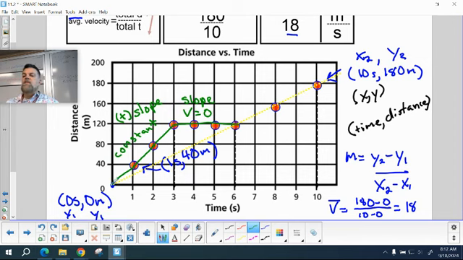So whatever this object is, it travels real fast, and at 3 seconds it stops. It doesn't move again until 6 seconds. Then the slope is very consistent from here to here, so that would be a constant speed or a constant velocity, depending on how you're measuring it. That's also positive.